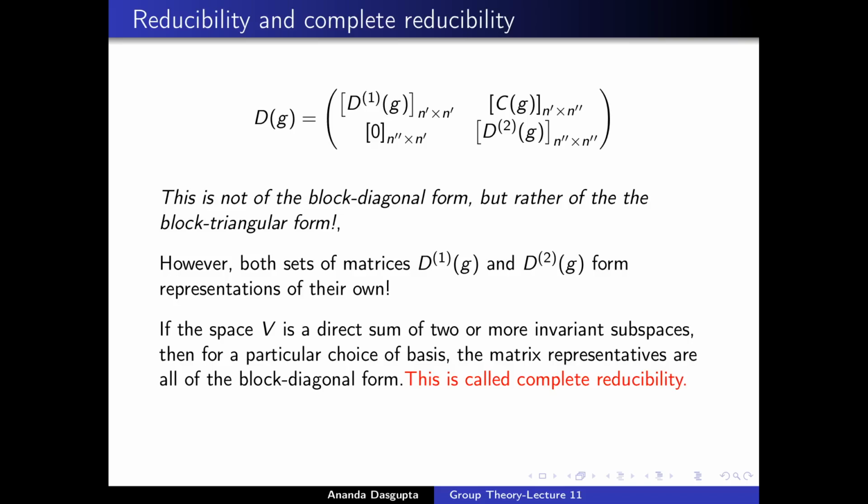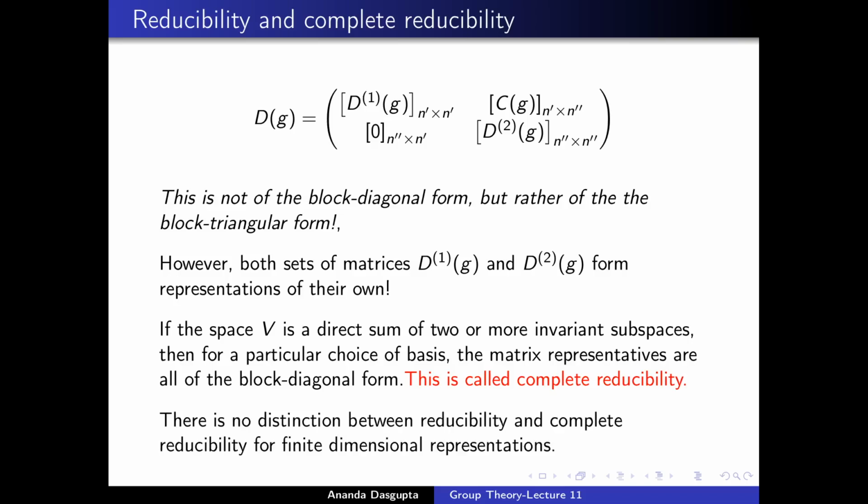Now this distinction between mere reducibility, which follows when you just have an invariant subspace, and complete reducibility, when the space V is actually a direct sum of two or more invariant subspaces, is actually a matter of academic interest as far as finite or compact groups are concerned.